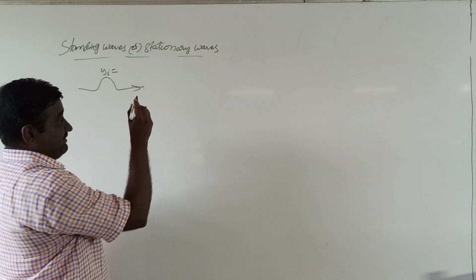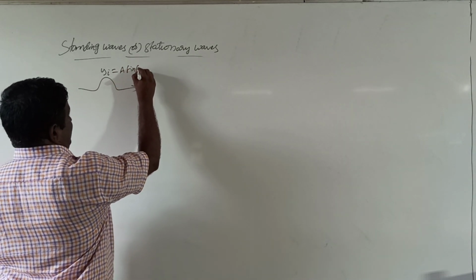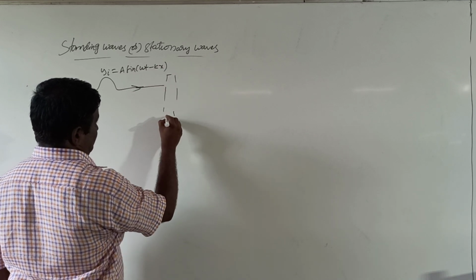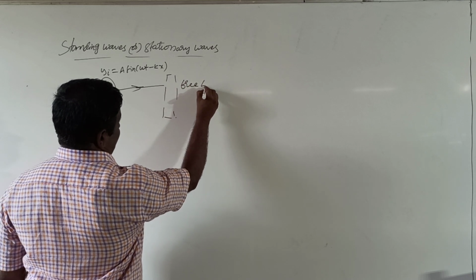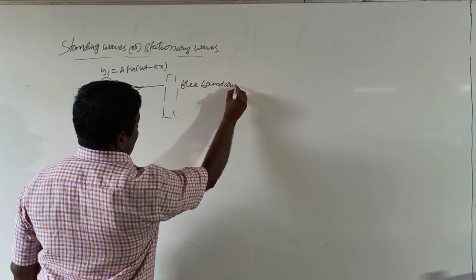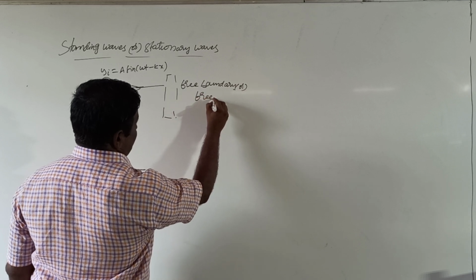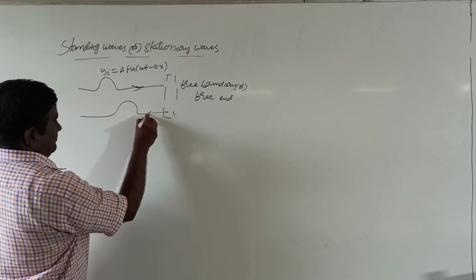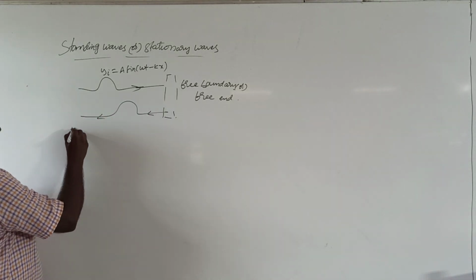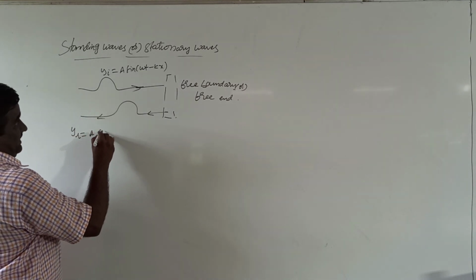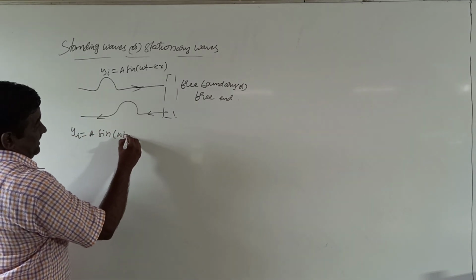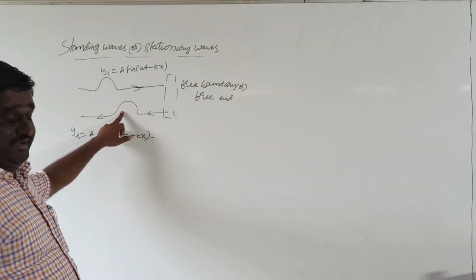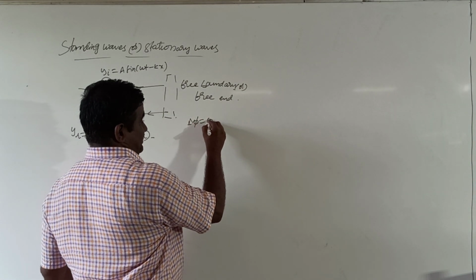It is taken as an incident wave y equal to a sin(omega t minus kx), incident across a free boundary or free end. The reflected wave equation yr equal to a sin(omega t plus kx). Here the reflected wave undergoes a phase change delta phi equal to 0 degrees.